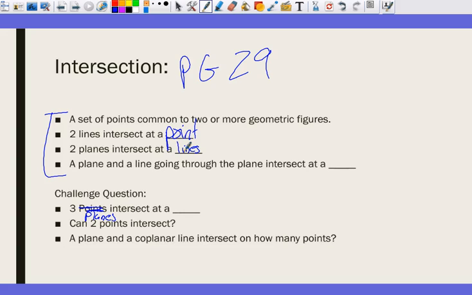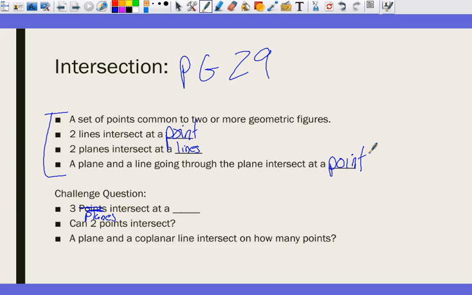So they intersect at a point. My challenge questions. First challenge question was, 3 planes intersect at a what? At a corner? Yeah. I want you to look at that corner right there.